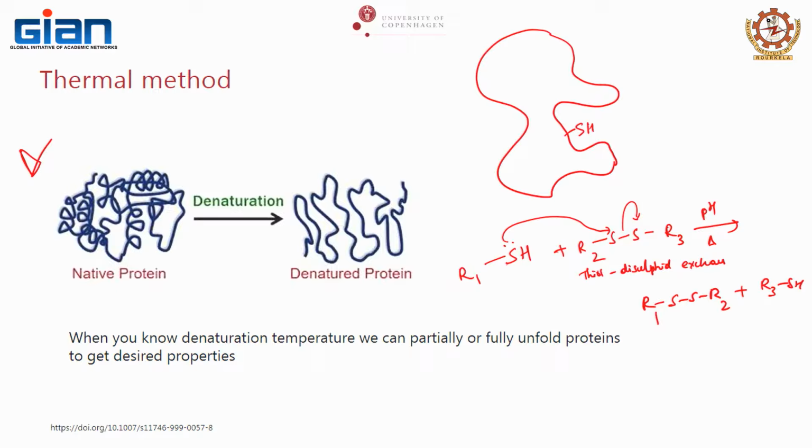And this reaction can happen within the protein, it can also happen between the proteins. Now, I have a protein with the thiol group, I have another protein with a disulfide, right. Now, this reaction is very favorable. Thiol wants to react with another disulfide to create an aggregate.